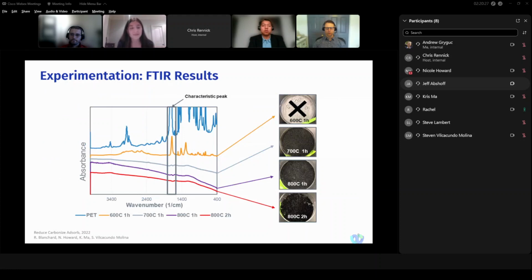So first, our FTIR results validated the necessary conditions such as temperature and time to achieve full conversion of PET to activated carbon, as indicated by the complete loss of the characteristic peaks of PET, as seen here in our results, using conditions of 800 degrees and 2 hours. This validated the required reactor conditions for full conversion to activated carbon.